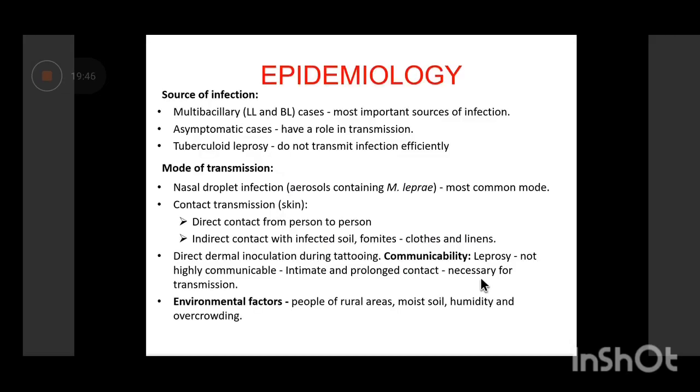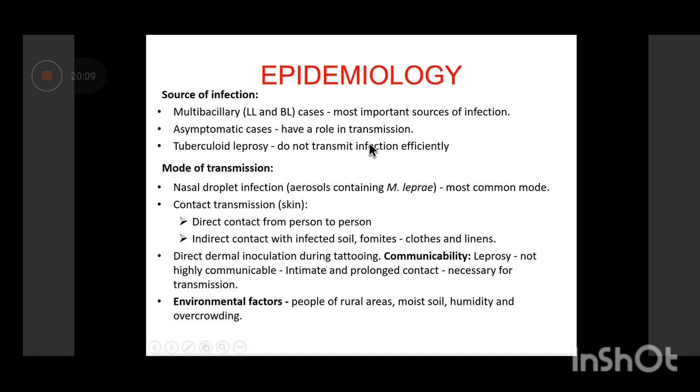Now coming to the epidemiology. So what is the source of infection? As I told you, there are two types of cases which we see: multibacillary and paucibacillary. Multibacillary cases include lepromatous leprosy and borderline leprosy.